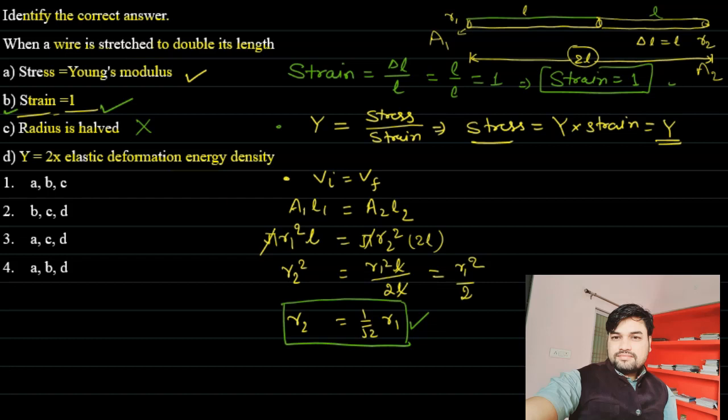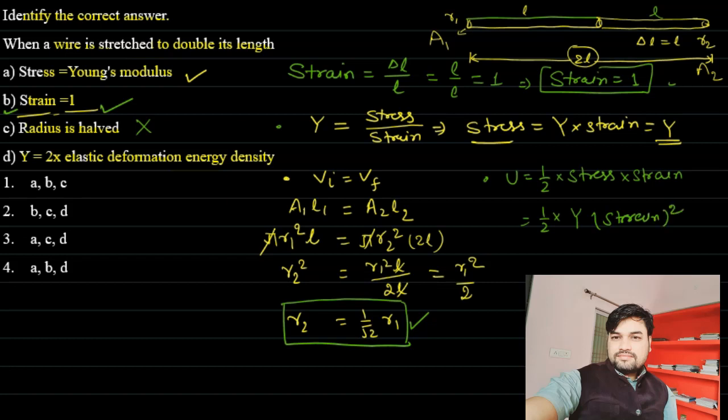Now we have to check the elastic deformation energy density. So elastic deformation energy density U is half of stress into strain. Since stress is Young modulus times strain, we can write half of Young modulus times strain into strain, which will be strain square.